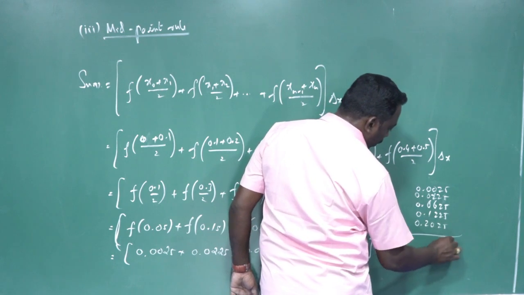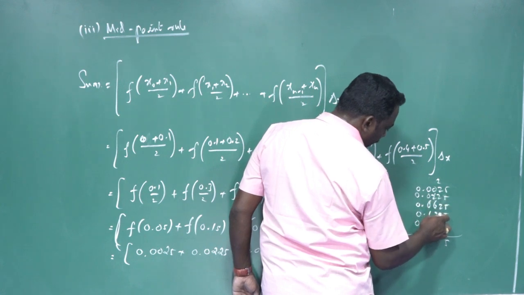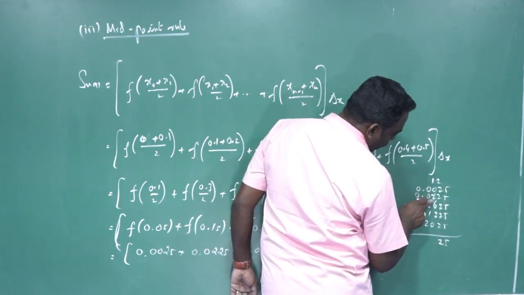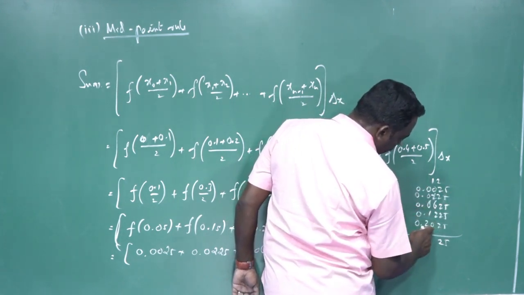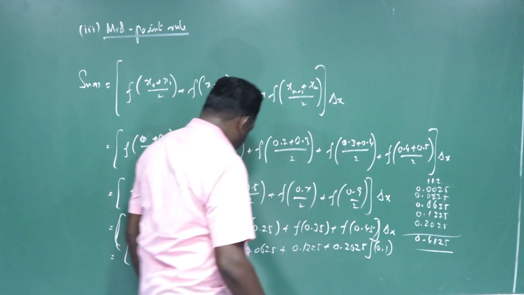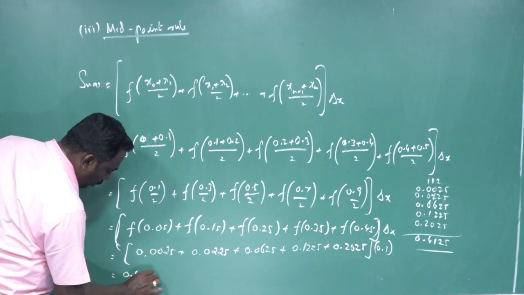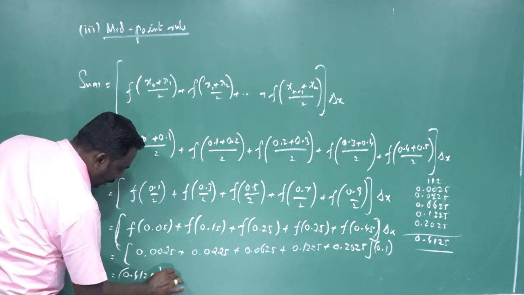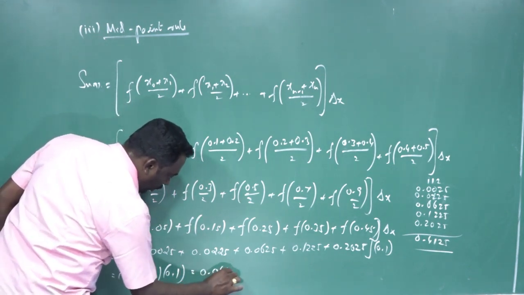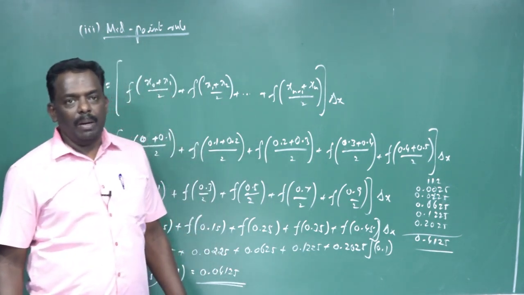It is 0.4125. Therefore this summation obtained value is equal to 0.4125 into 0.1, which is called the width, and multiplying the value gives 0.04125, and this is the finite value of the midpoint rule by applying the Riemann integral.